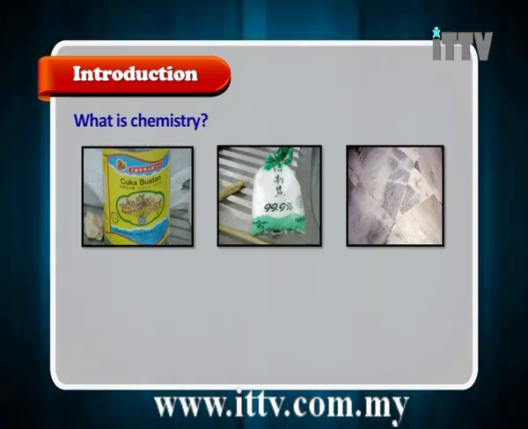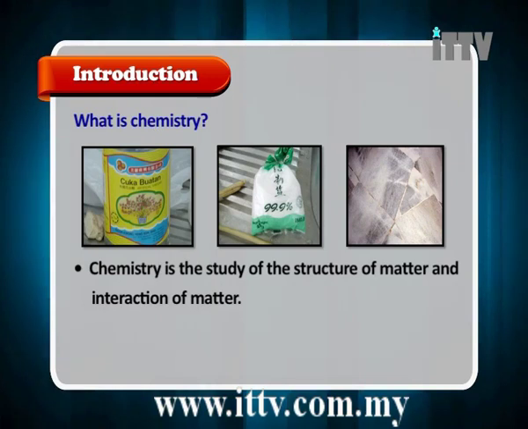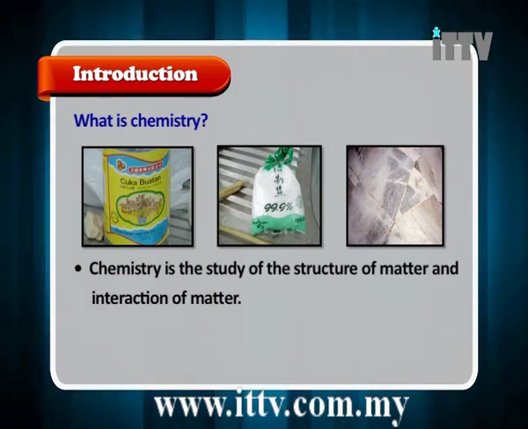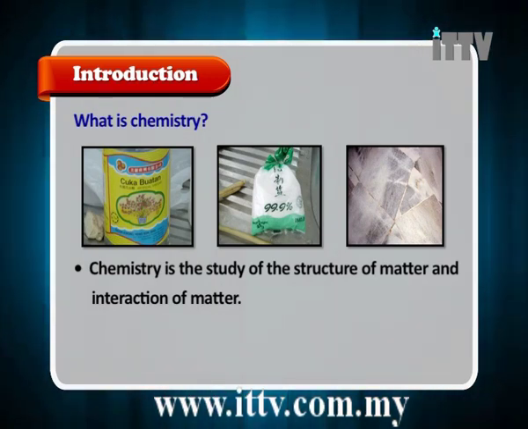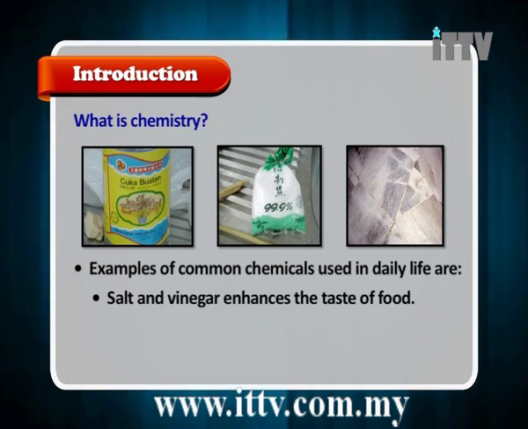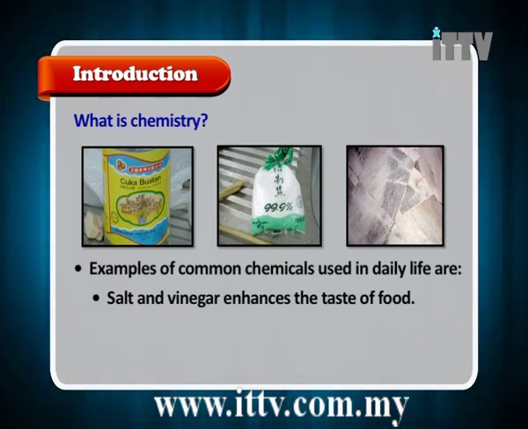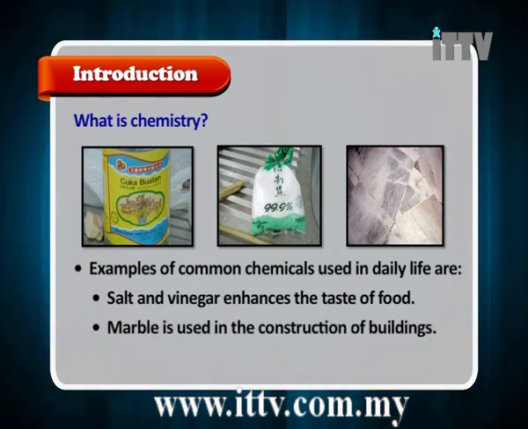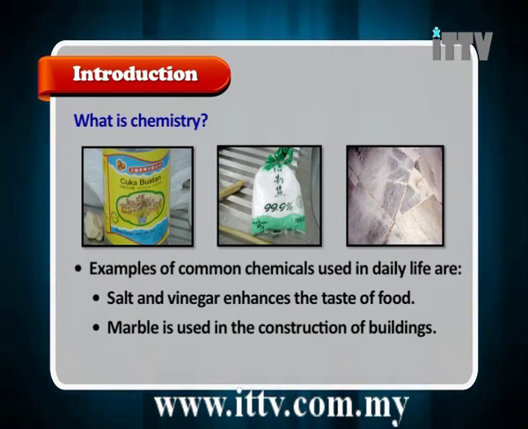What is chemistry? Chemistry is the study of the structure of matter and interaction of matter. Examples of common chemicals used in daily life are salt and vinegar, which enhance the taste of food. Marble is used in the construction of buildings.